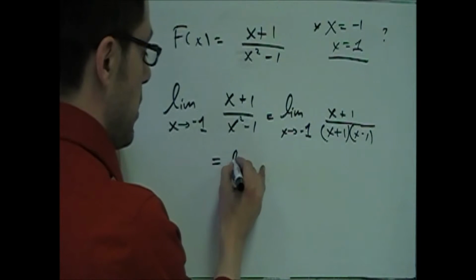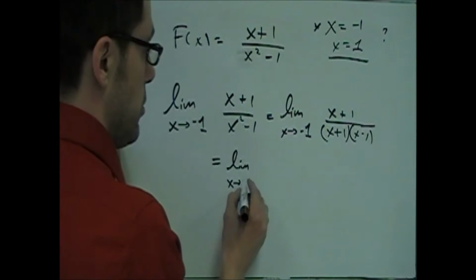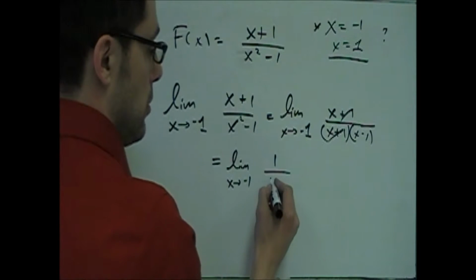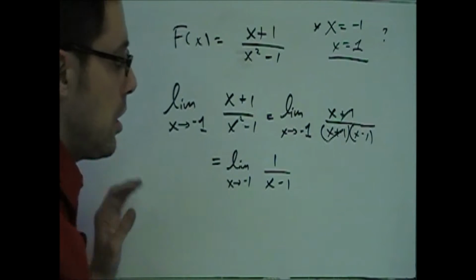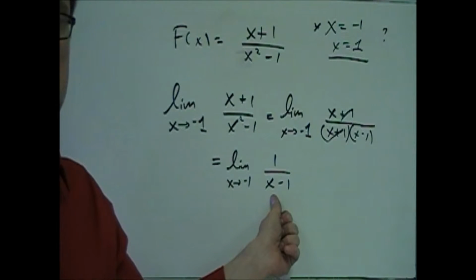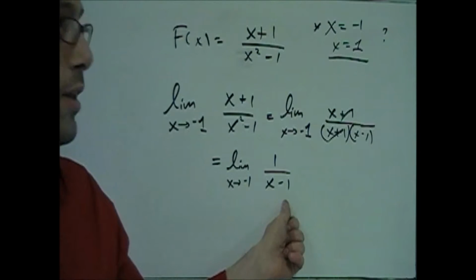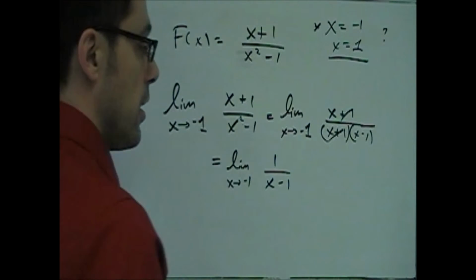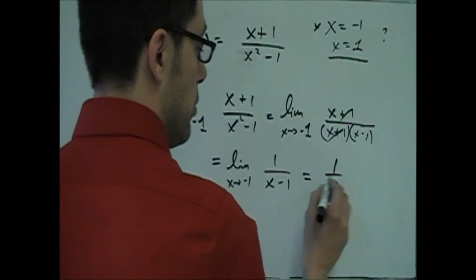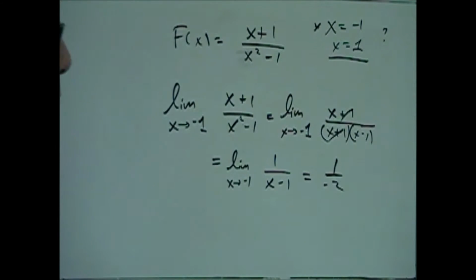Which means that this becomes the limit as x approaches -1 of 1 over, these cancel, x minus 1. Well, this function is perfectly okay at -1. It's continuous at -1. It's in the domain of this part. So I can actually plug that in. And I actually get 1 over -2, right? Or -1/2.